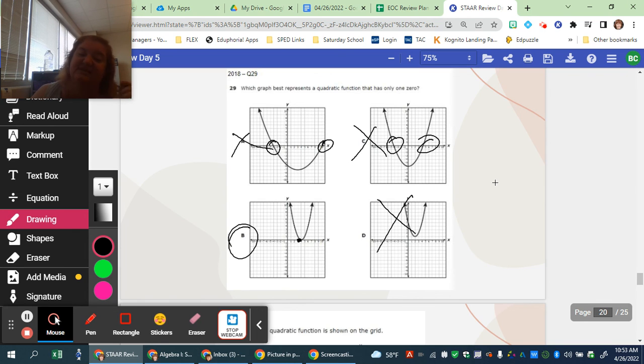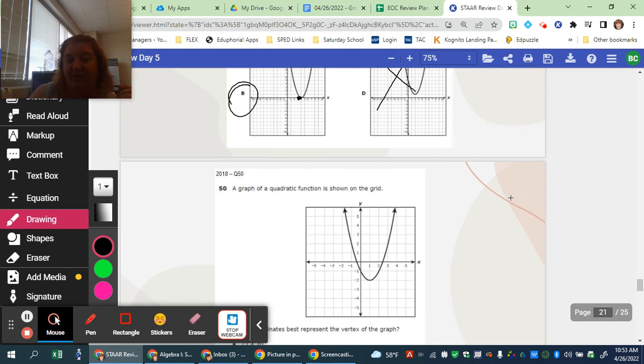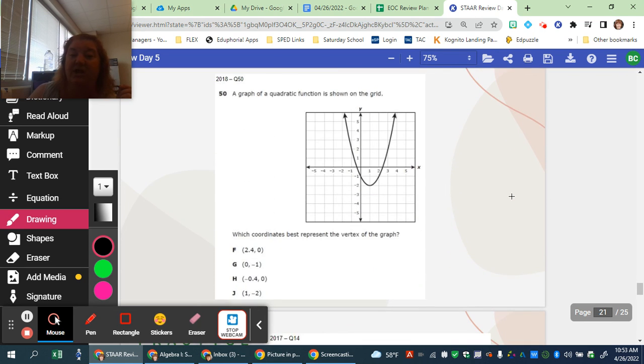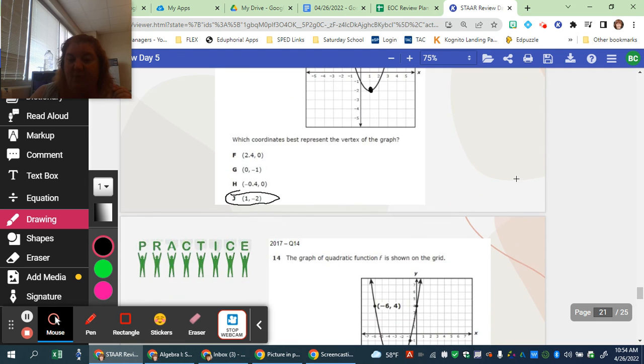So the answer is B. Okay. Quadratic function shown on the graph. Let's see. Which coordinate best represents the vertex? Here's the vertex. 1, -2. There it is. The vertex is that little point.